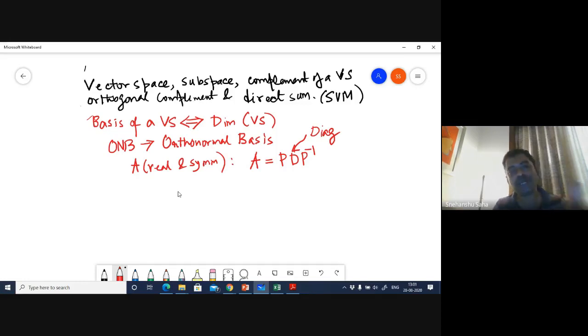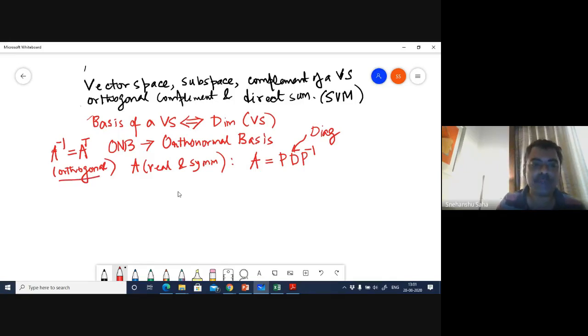Now, we were talking about orthonormality. In general, you know that a matrix induced by a linear transformation satisfies this property, so that it is orthogonal, correct? Now, what is orthonormal? An orthonormal set has to be orthogonal, plus the length of the vectors has to be equal to 1.